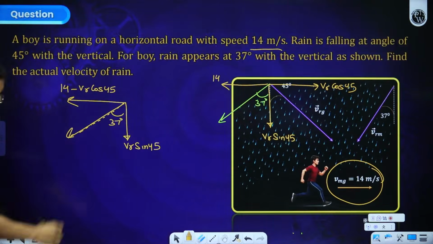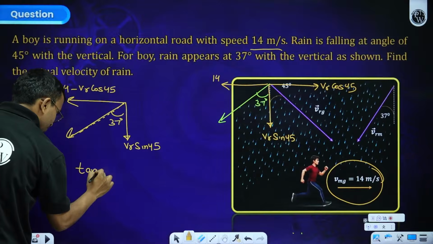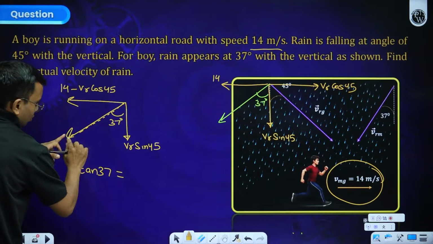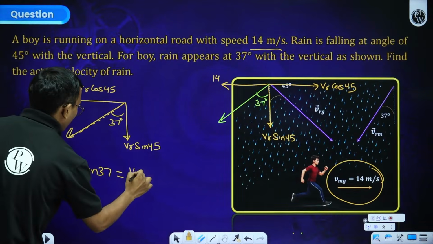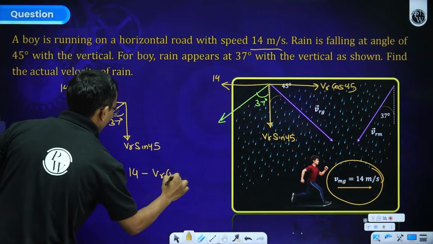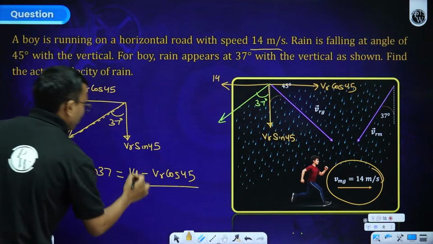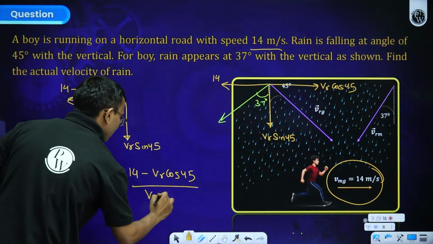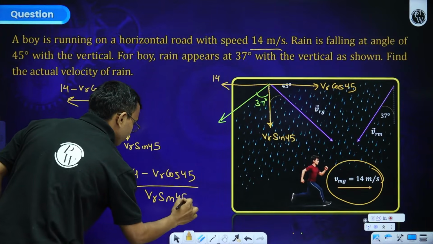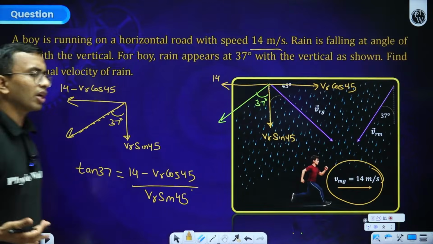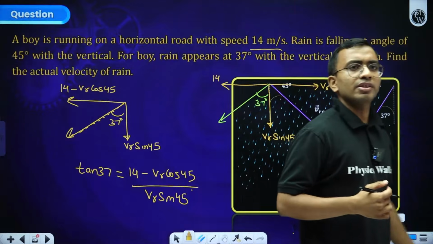Now you can say tan 37 is equal to the base, which is 14 minus velocity of river cos 45, divided by this, which is velocity of river sin 45. Now you put the values and you can get the velocity of river in this.